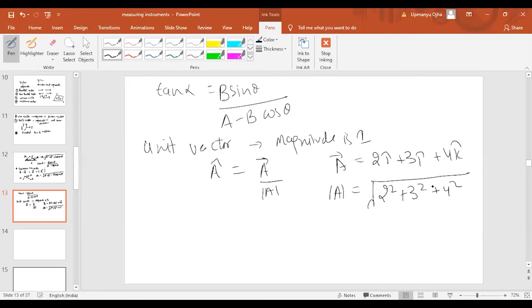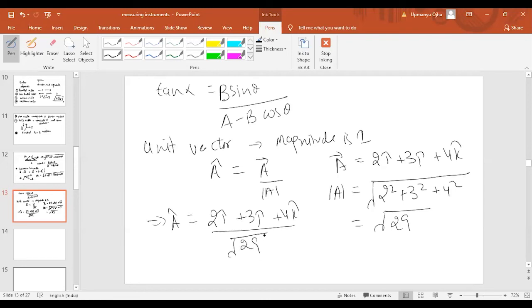Simply you have to square all the components of i cap, j cap and k cap. 4 plus 9 plus 16, that is 29, so root 29. That is the magnitude of a vector. Therefore, unit vector a cap will be given by 2i cap plus 3j cap plus 4k cap divided by root of 29.